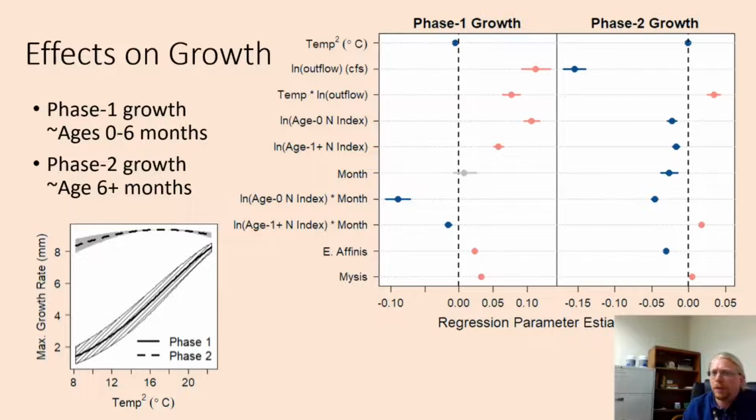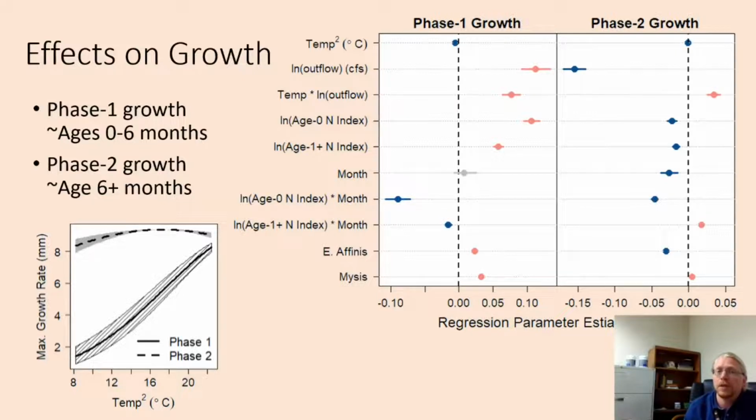Next, I wanted to talk a little bit about the temperature relationship, because this one gets a little confusing without actually seeing a plot. On the bottom left, we have our growth rate on the vertical axis and temperature on the horizontal axis. With this model, we have phase 1 represented by the solid line, phase 2 by the dashed line, and each of these have the 95% confidence intervals in the shaded region.